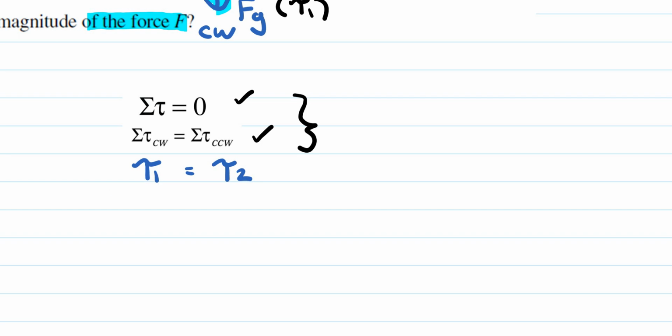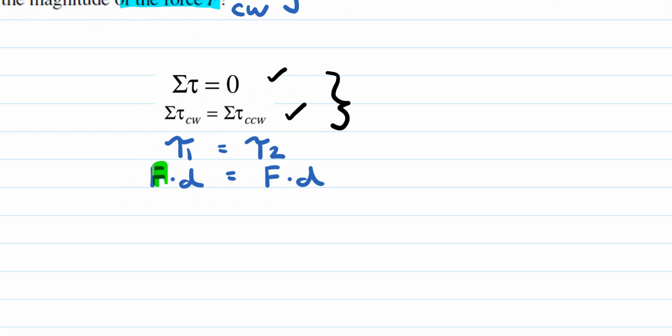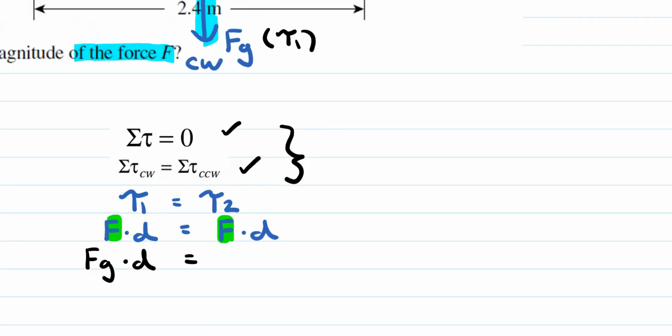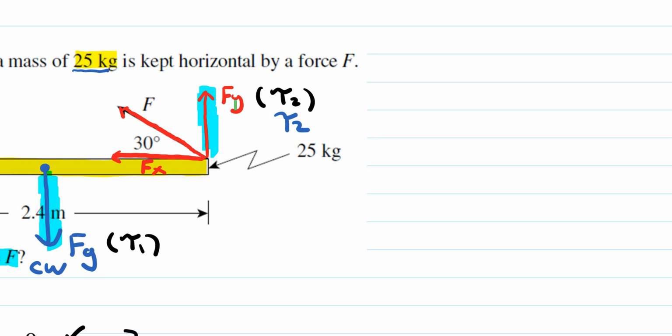So what is the definition of a torque? It's really the force times the distance. And this torque is also equal to force times the distance. Now the force acting on the very first torque is the force of gravity times its distance. For this force over here, the force that we really want is the vertical component, Fy.